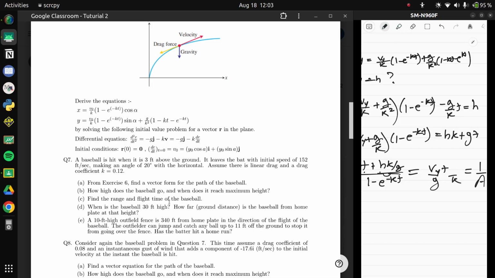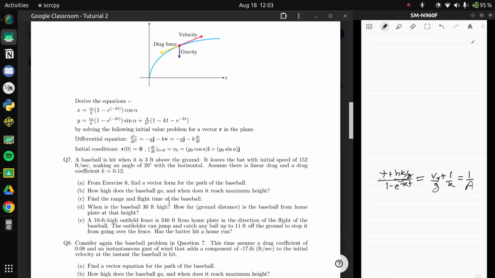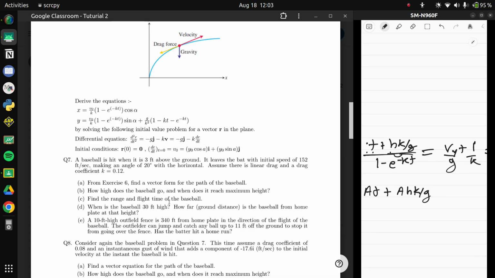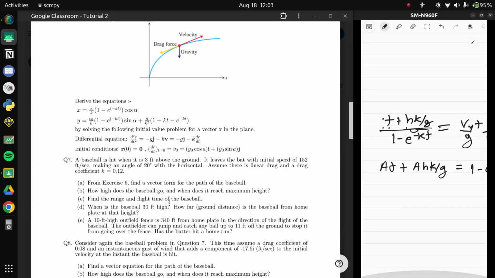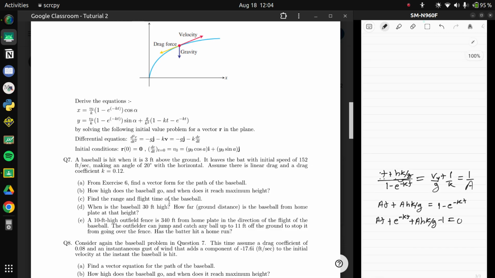Just for convenience, because it's going to match with the last time in that case. Okay, cool. And then what? So this just becomes at plus ahk upon g is equal to 1 minus e power negative kt whenever this happens, right? Which is the same thing as saying at plus e power negative kt plus ahk upon g minus 1 equal to 0. Once again, call this an f of t function.